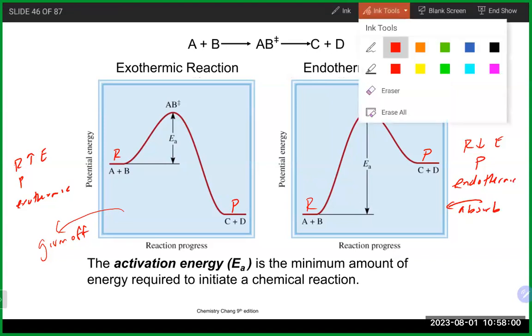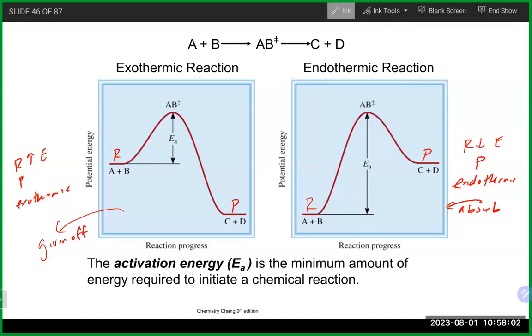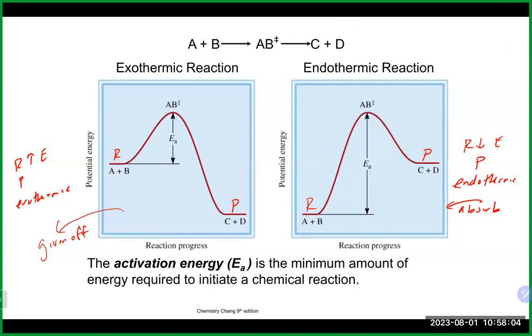To calculate something like the enthalpy of a reaction or the heat of a reaction, we take the difference between the reactants energy and the products energy, which gives us our delta H of the reaction. If you do that, your products are lower in energy than your reactants, which gives you a negative number for an exothermic reaction.